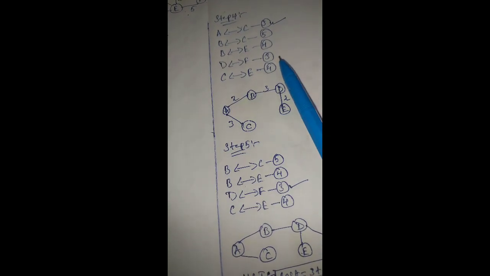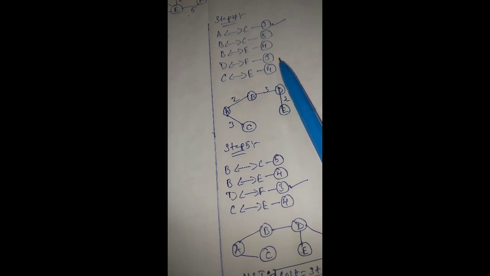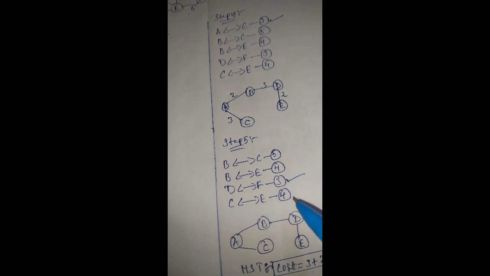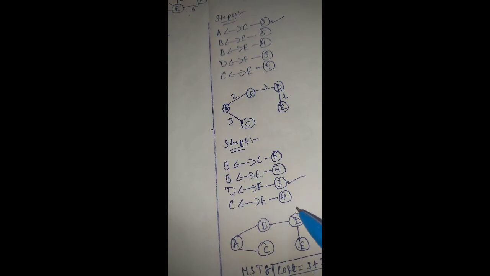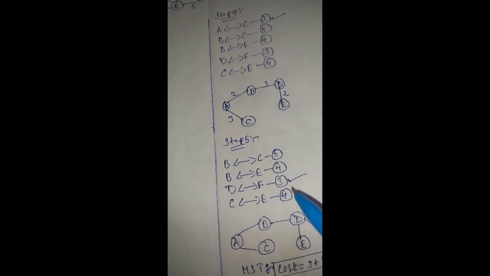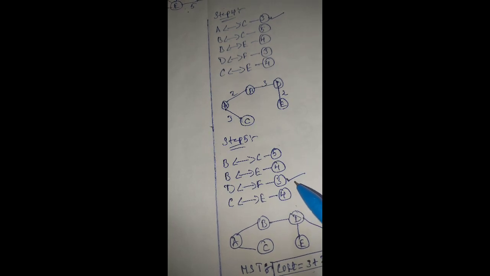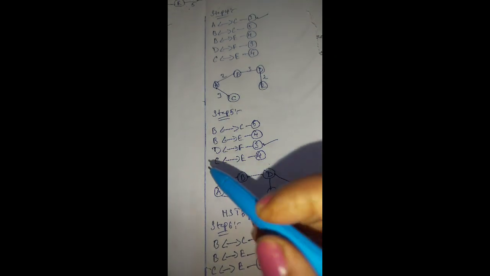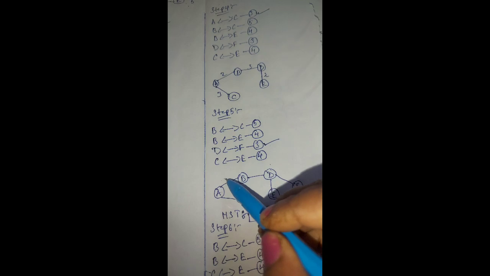And in the step 5, all these are continuation, B to C, B to E, D to F and C to E. So all the 4 edges are continuing in step 5, and in this the minimum element is 3, that is D to F. Okay, so the same graph is continuing here, and we are connecting D to F. So here what is the value?